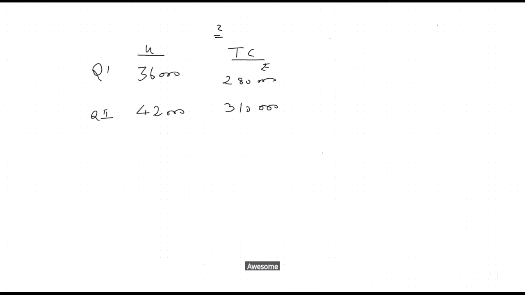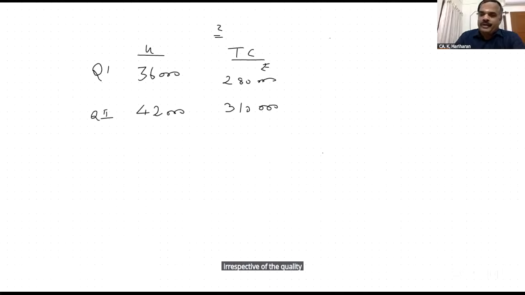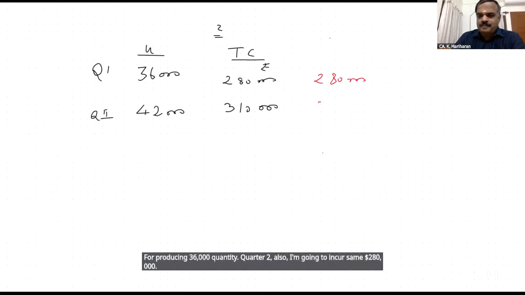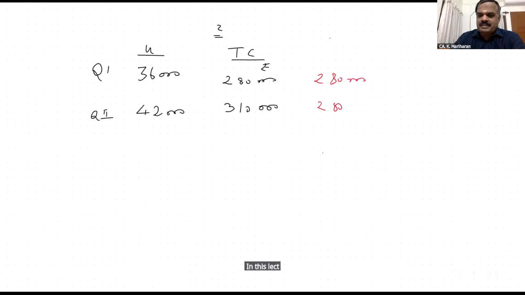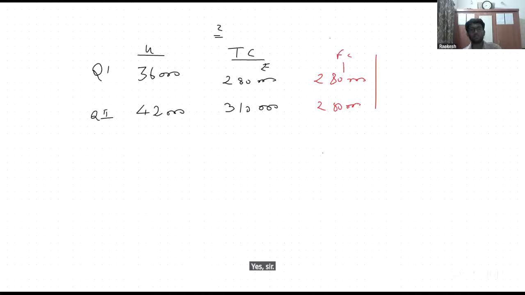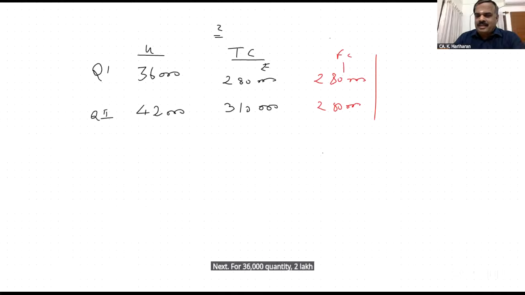Irrespective of the quantity, if I incur 280,000 in Q1 for producing 36,000 quantity, and in Q2 also I incur the same 280,000, this cost is called what? Fixed cost. For 36,000 quantity, they incurred 280,000.